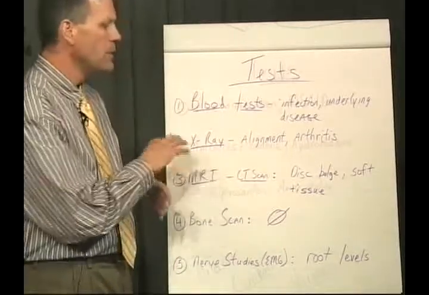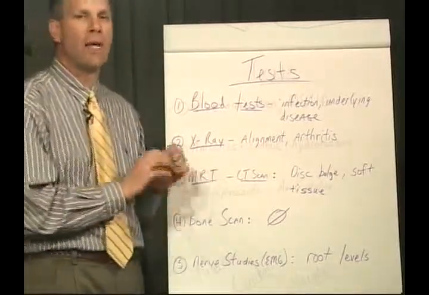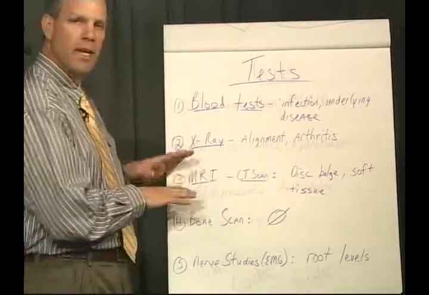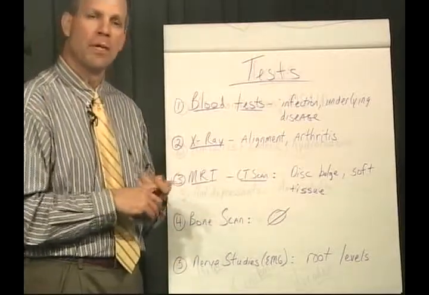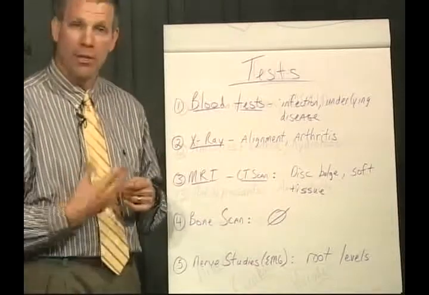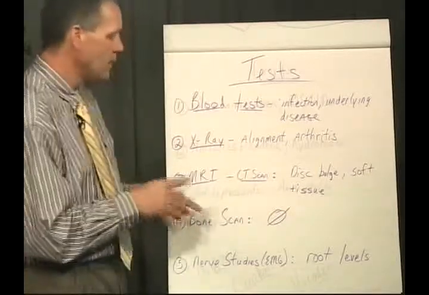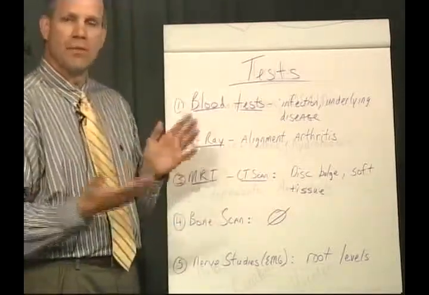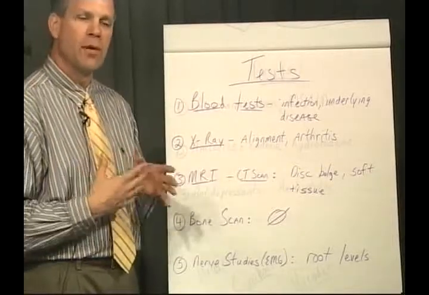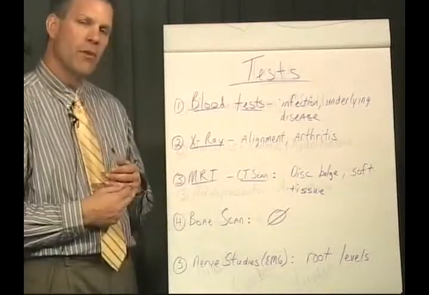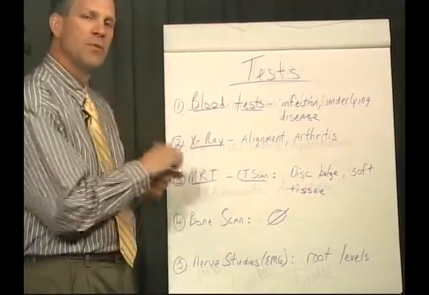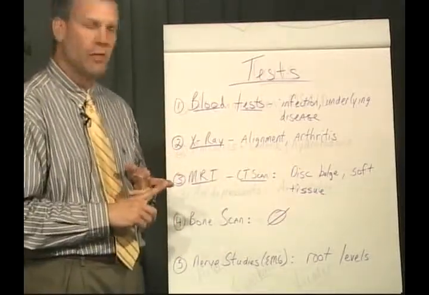This would be the gold standard diagnostic test for a true disc herniation, which many people have heard of and have experienced. Bone scans, the traditional model will put that in there in some situations, but it's not very much practiced, specifically with back pain and degenerative changes.